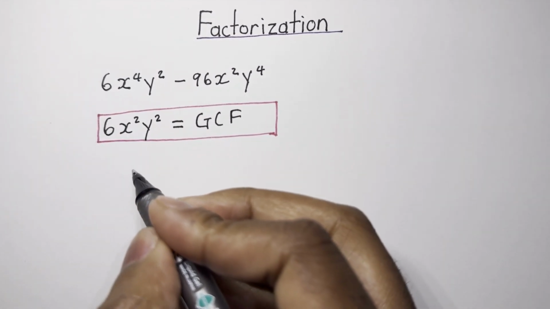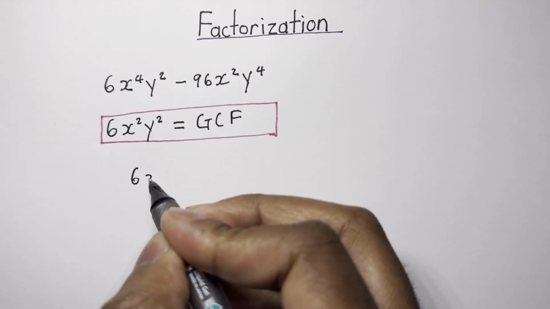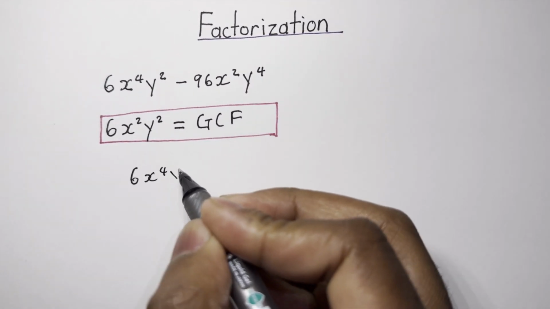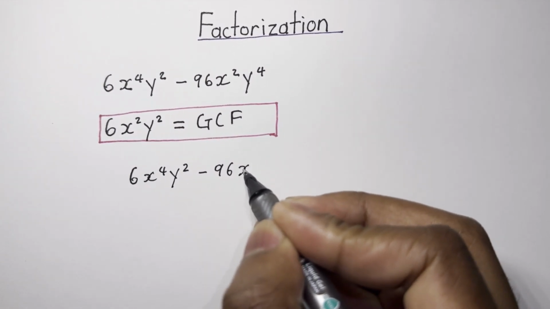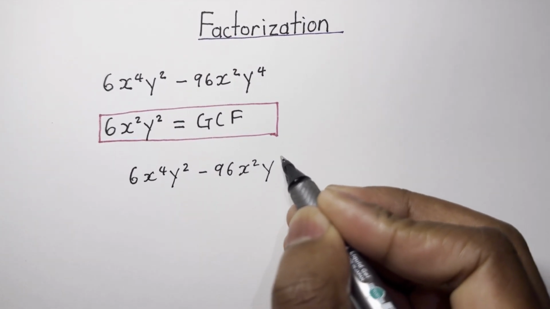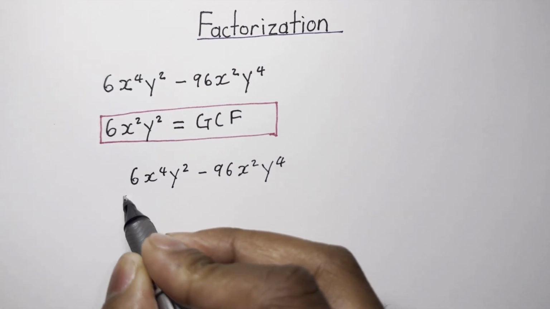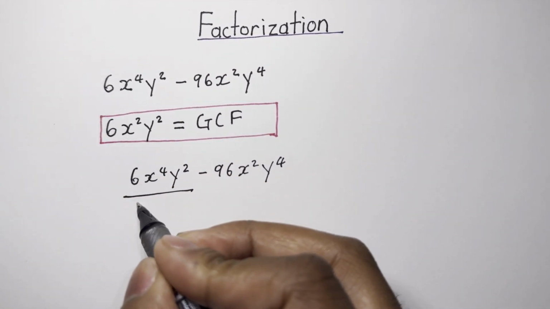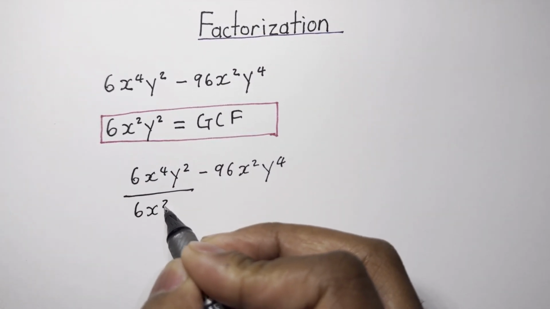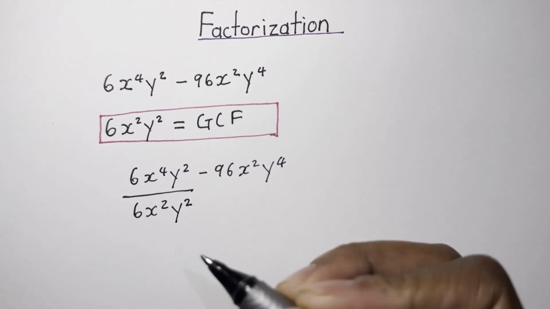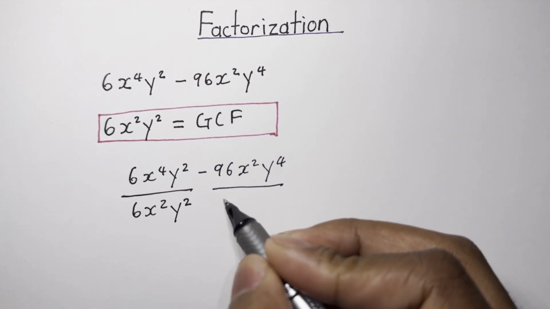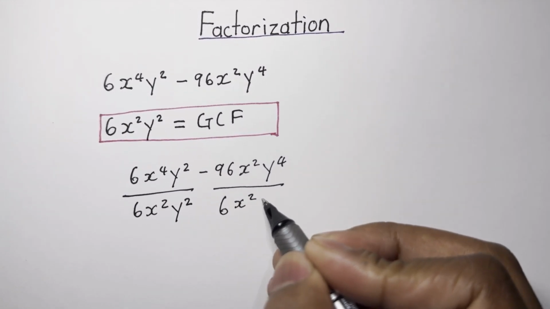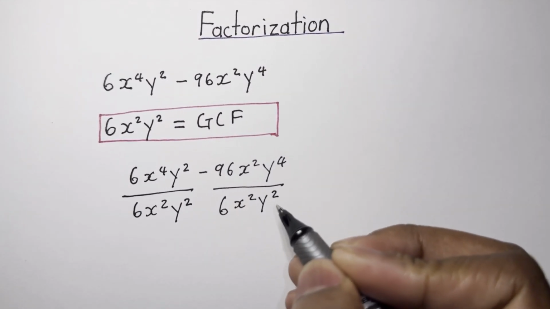So let's begin. 6x to the fourth y squared minus 96x squared y raised to the fourth power. Now we're going to factor the GCF, which is 6x squared y squared.